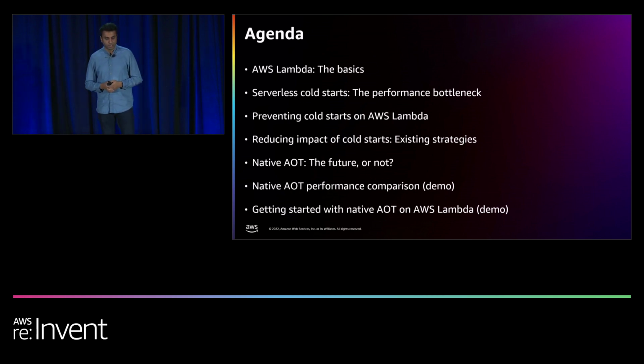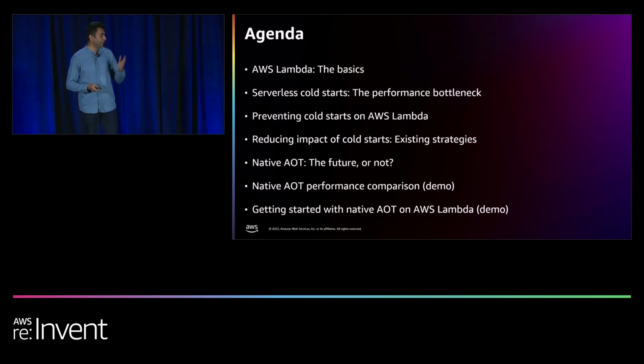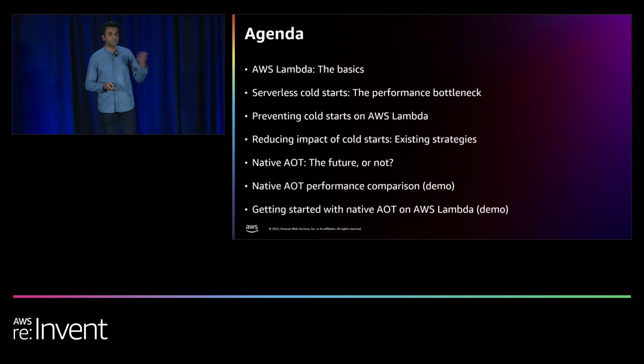And he will do the demo on native AOT, how to use it on AWS Lambda using our tools. And also, there would be a drag race between native AOT and JIT compiled Lambda and see the performance benefits in different scenarios. And then we'll basically end the talk around what are the features today and what we probably think about improving in the future.